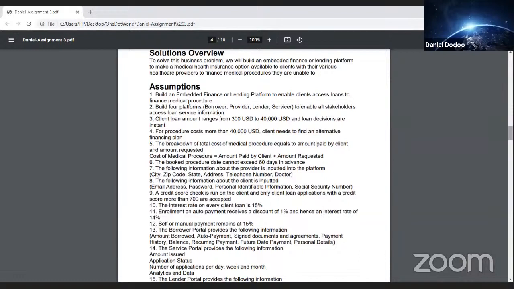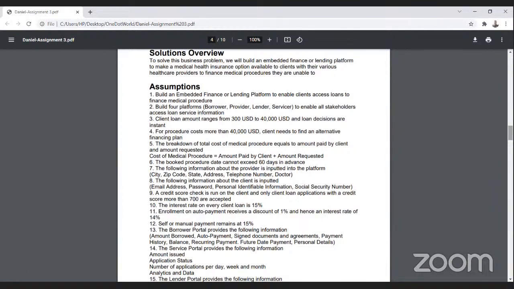So when they do that, the interest on that loan stays at or remains at 15%. Oh, okay, but I think if you made it at least maybe self or automatic payment, it would have been clearer. But I understand from your explanation what it meant, so it's cool.